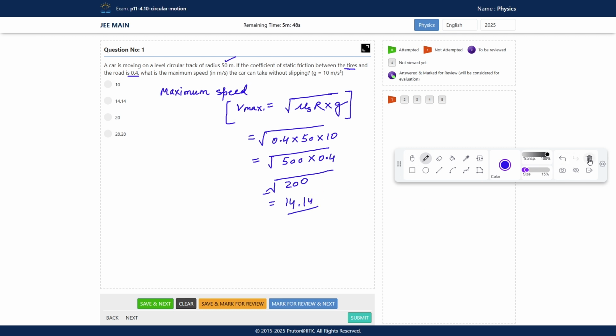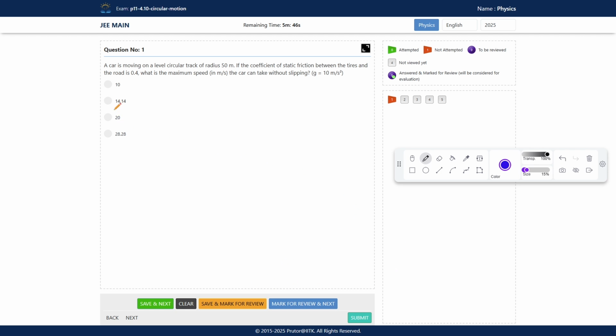Next question. A banked road is designed for an optimum speed V0. If the banking angle is increased while keeping the radius the same, how does V0 change? So here you have to find out about the V0.